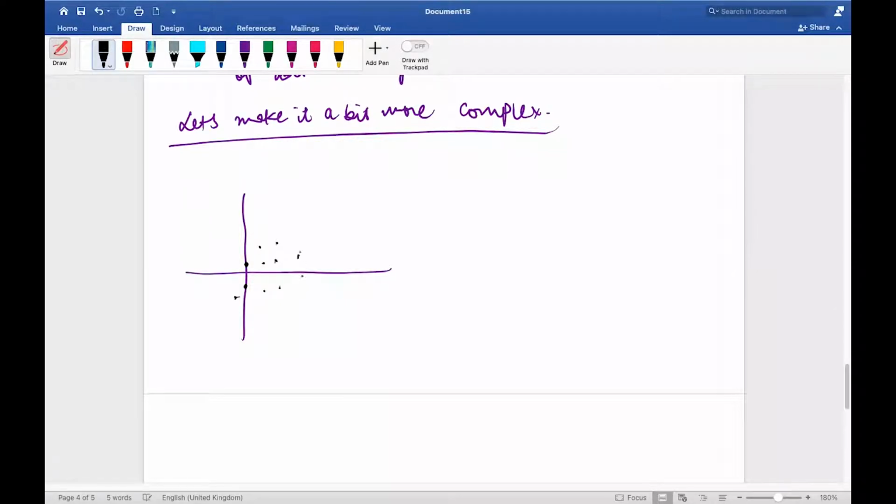This is one class, and another class I'll draw in another color.